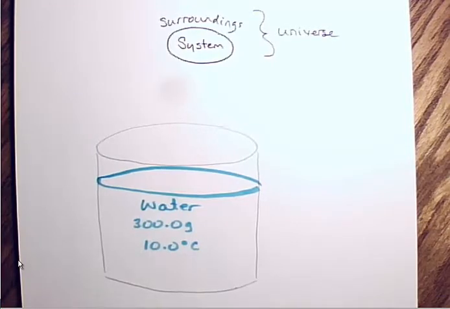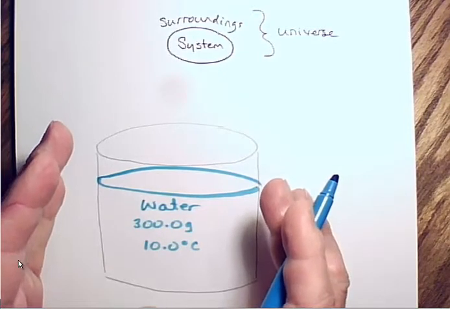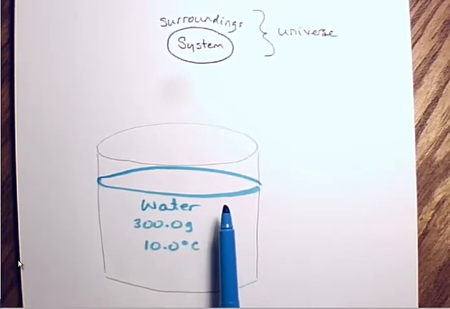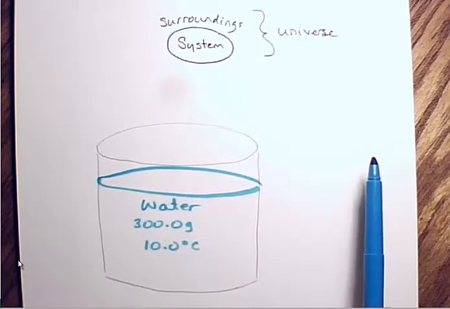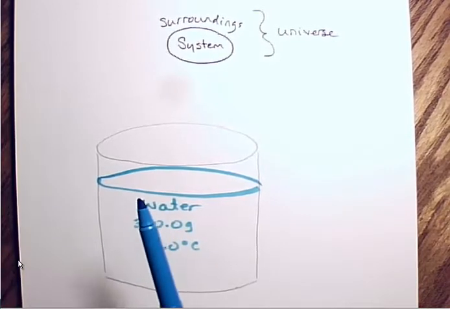Now, because we want to keep this as our mini-universe, this has to be perfectly insulated, which means that no energy, no heat, no temperature change can occur from what's inside here to the outside. Well, you cannot perfectly insulate any container. It's not possible.